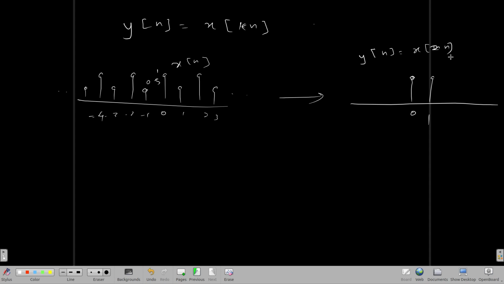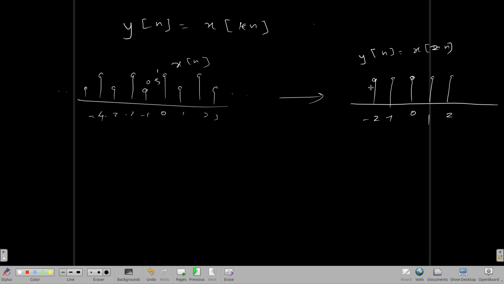What is y of 3? It is x of 6, which is again 1. Similarly for the minus side also, -2, -4, only particular samples will be taken. So actually here we are losing some data.